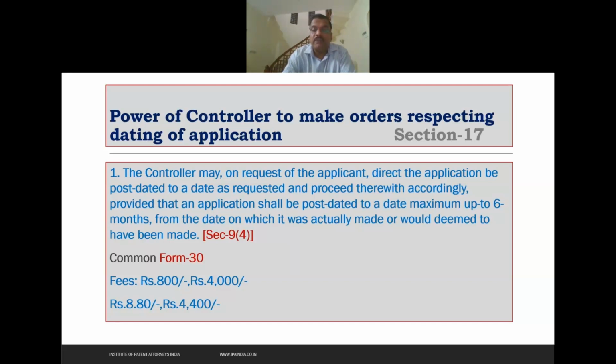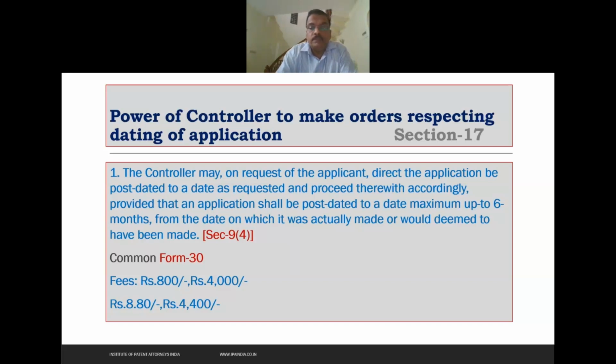But on 30th December you file a request for post dating to avoid the action according to subsection 1 of section 9, abandonment. Then your priority date shall be post dated to 30th June 2022. Then your expiry date shall be 30th June 2023. Is it clear? Yes.